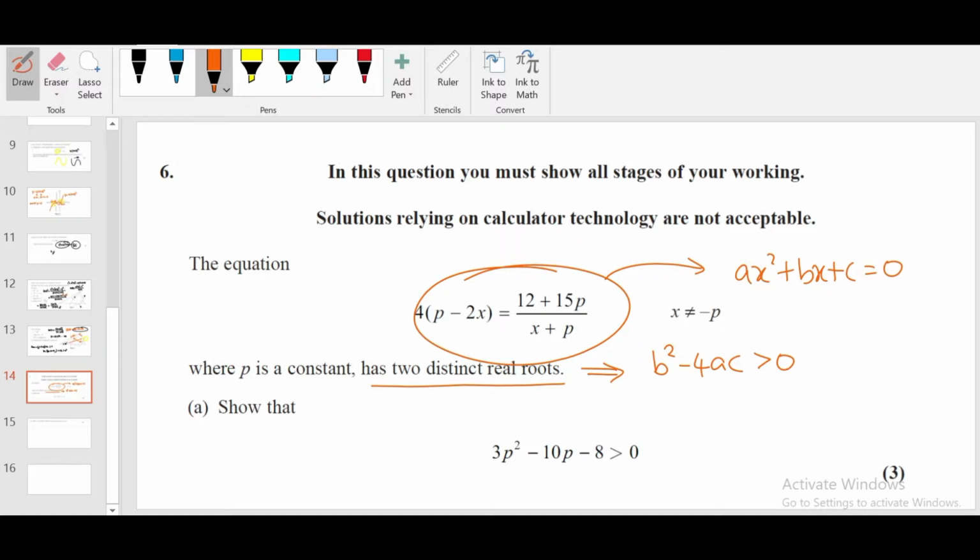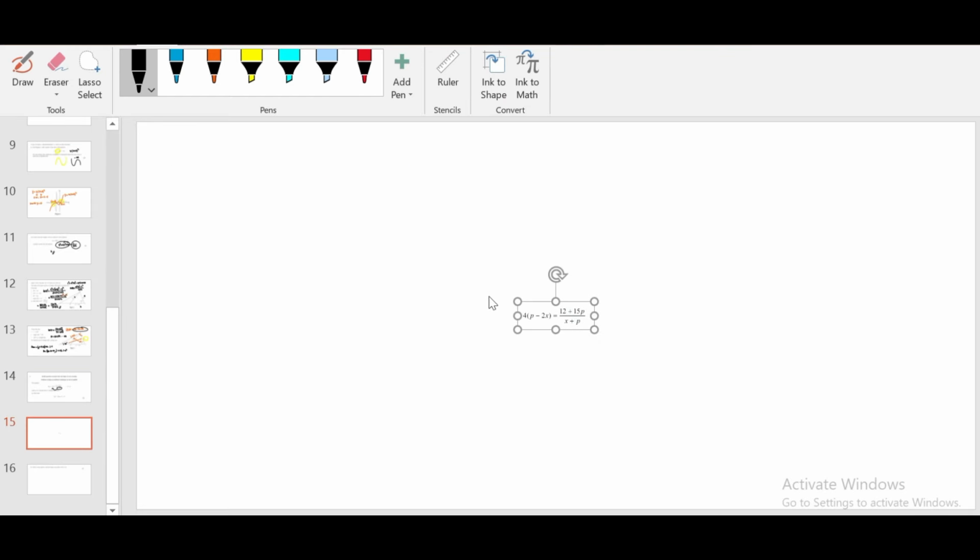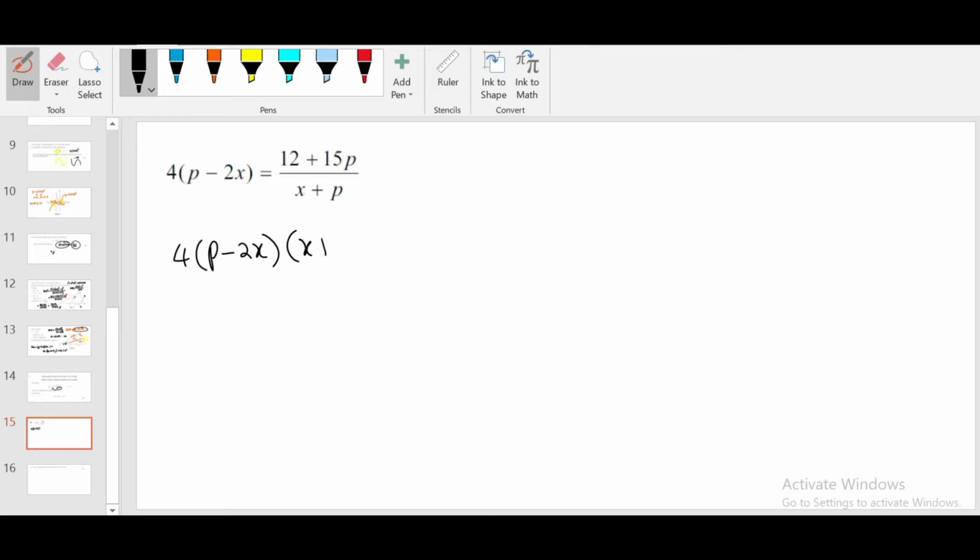We need to frame a quadratic equation first, take ABC and sub in here. So first what we can do, we bring this here, and I'm gonna put this equation separately here. So it's going to be 4 times p minus 2x times x plus p is equal to 12 plus 15p.